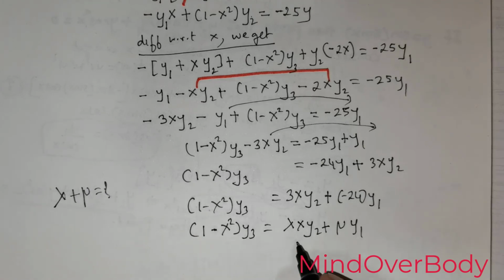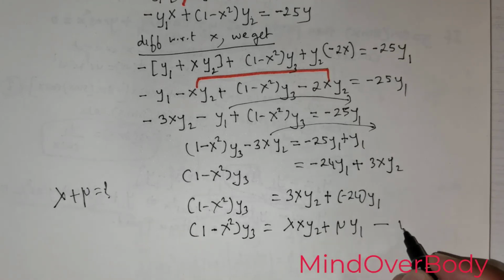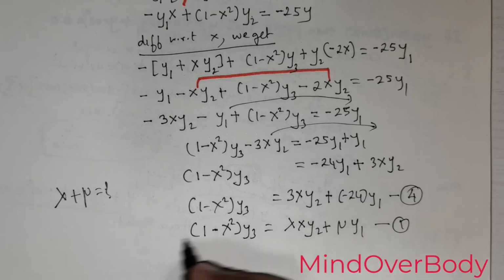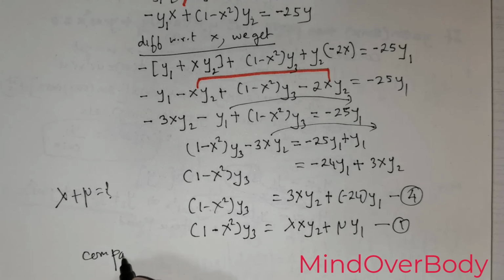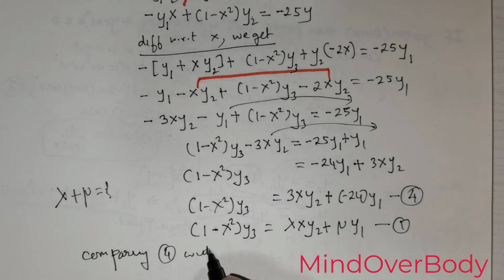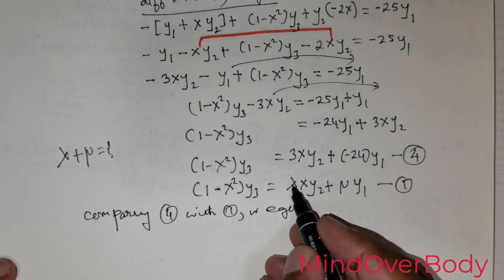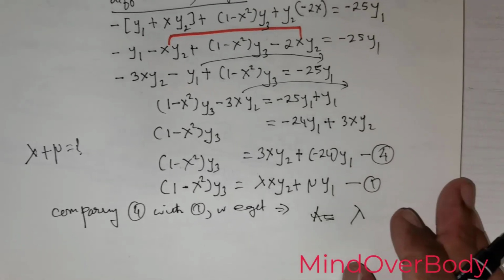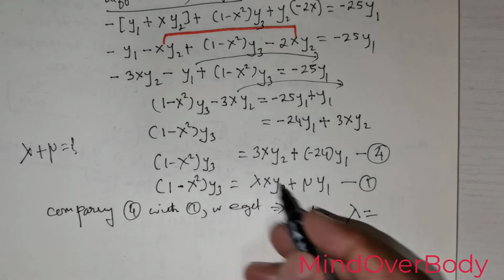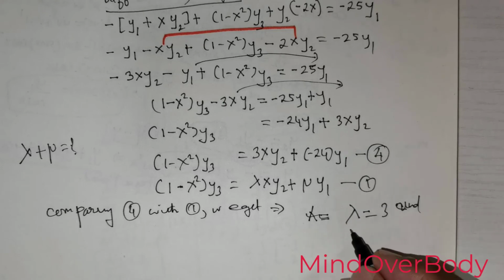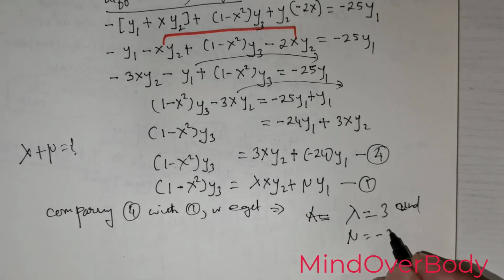Now if you compare this, this is the original system, and I'm taking this to be, say, system 4. Comparing 4 with 1, what do we get? Clearly this would mean that lambda is equal to 3 and mu is equal to negative 24.